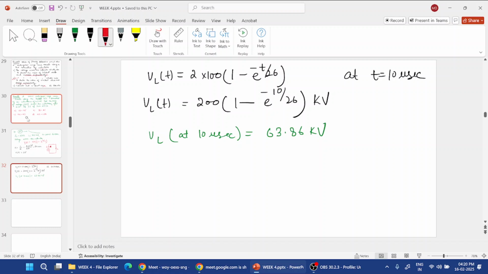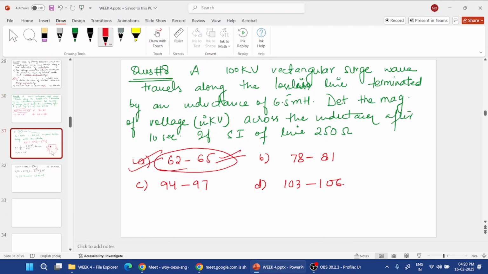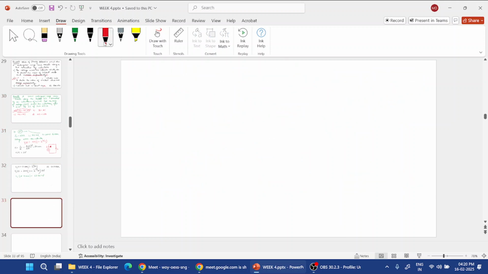So if we go back to the question, the first option is the correct one. This is how we should solve the question. Now question number 9.